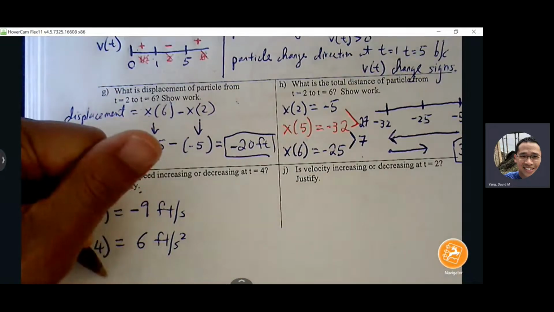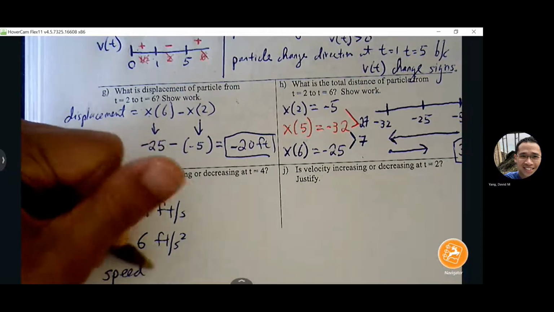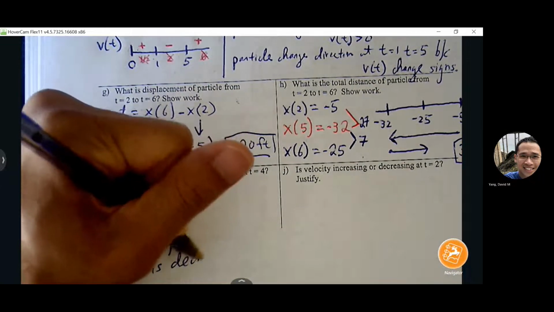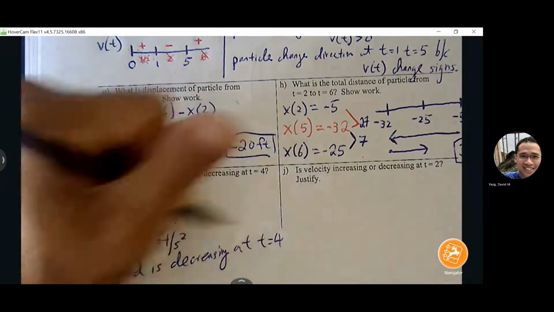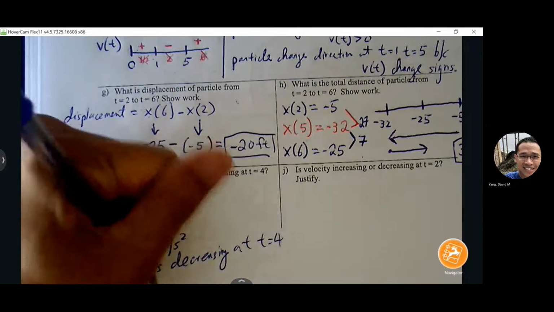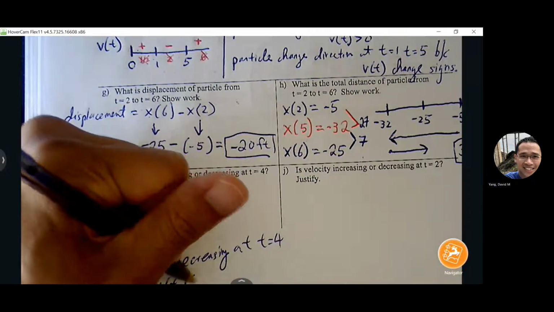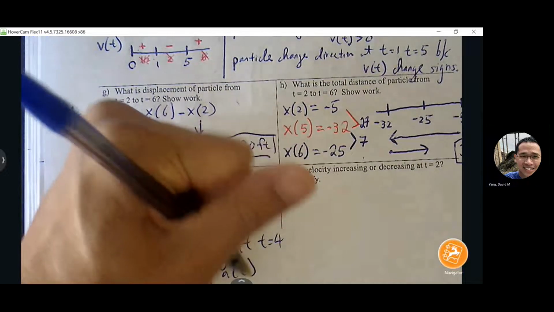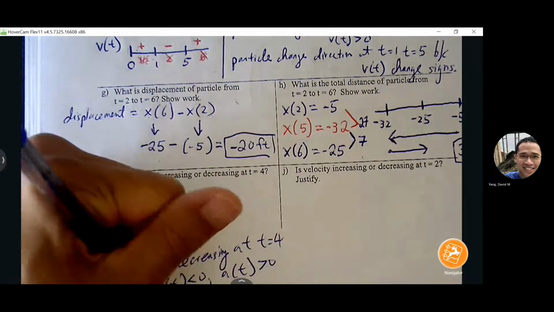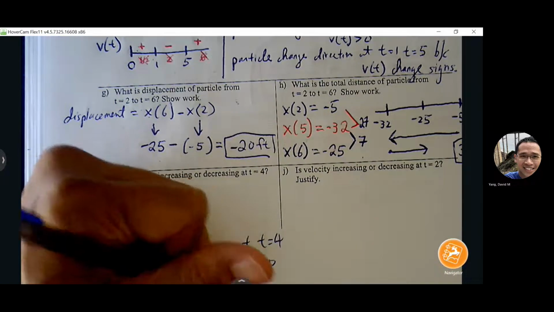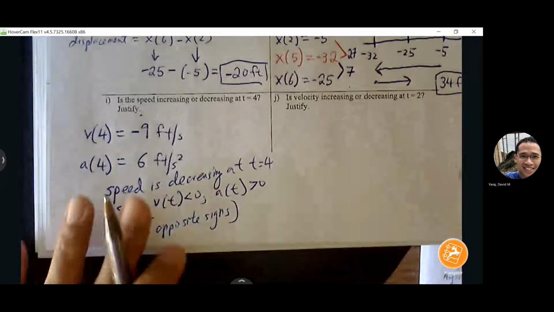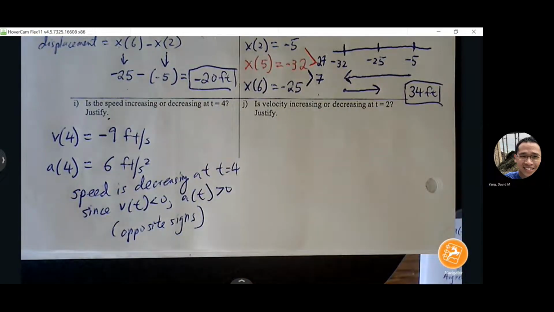So we can say speed is, in this case, decreasing because velocity and acceleration have opposite signs.